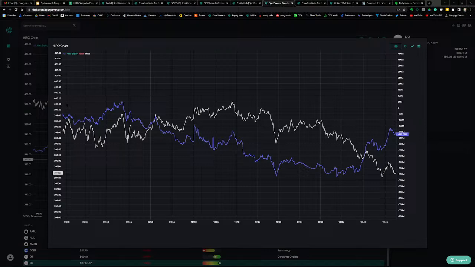So recall here, I think it's this line right here. That's the SPY 400 call wall. So this morning, as price approached the 400 call wall, traders were already taking negative delta positions.